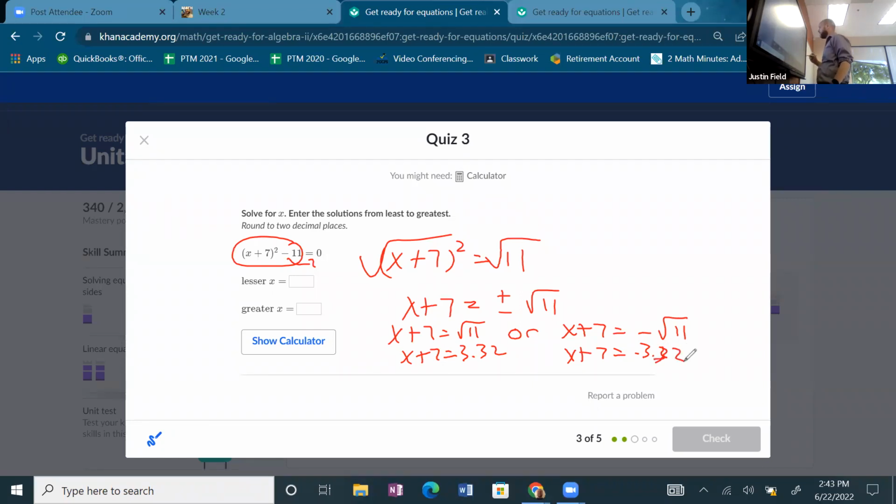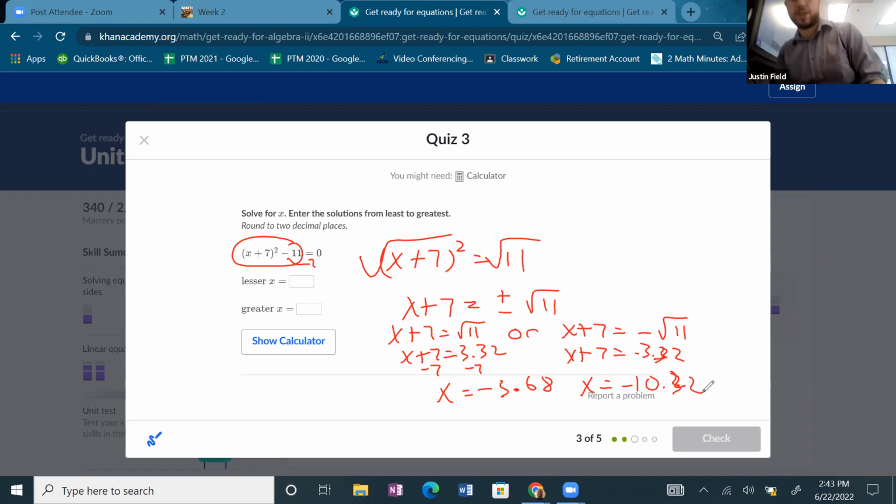Okay, and then subtract 7 from both sides, and you get your two answers. Negative 3.68, and then this would be negative 10.32.